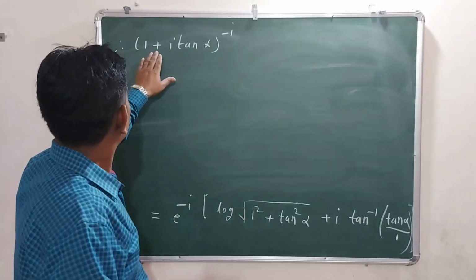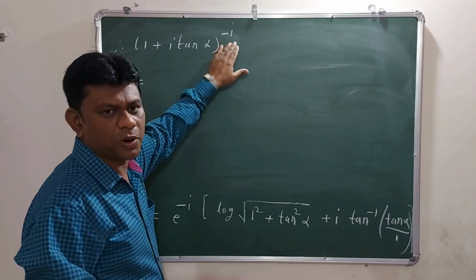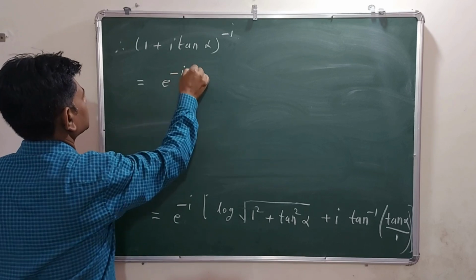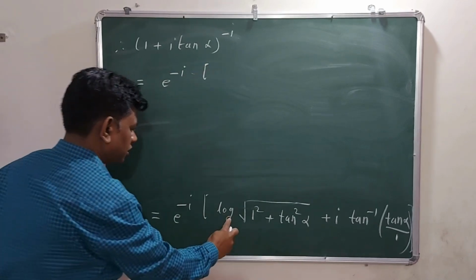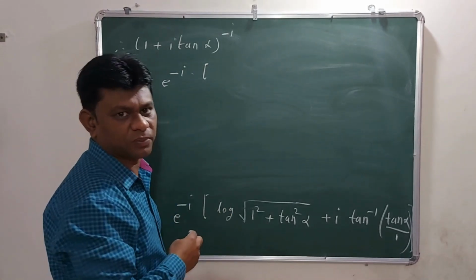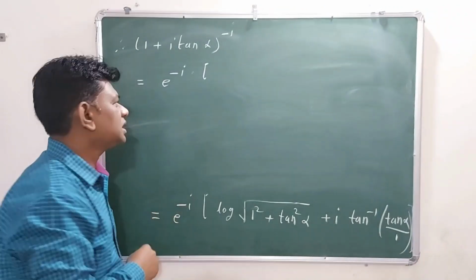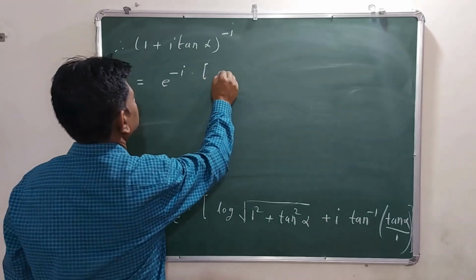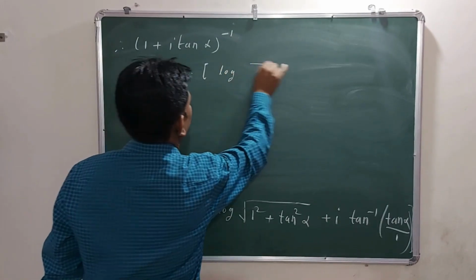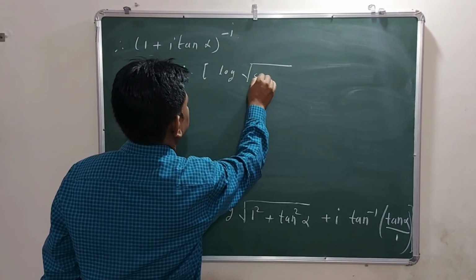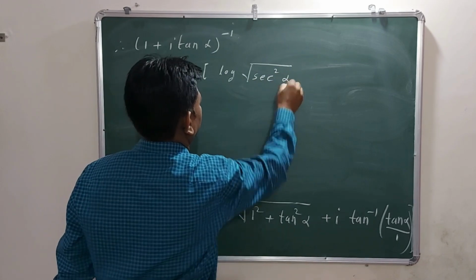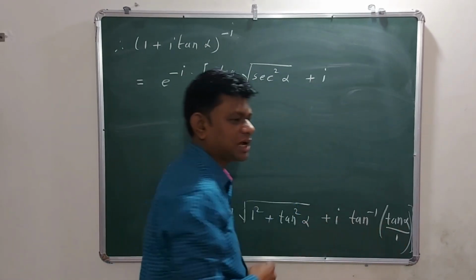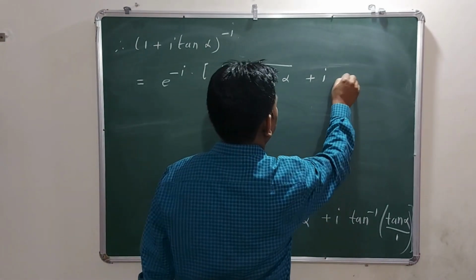Therefore, 1 plus i tan alpha to the power minus i is equal to e to the power minus i times log of root of 1 plus tan square alpha. Now 1 plus tan square alpha is sec square alpha, so log of root sec square alpha plus i times tan inverse tan alpha, which is alpha.